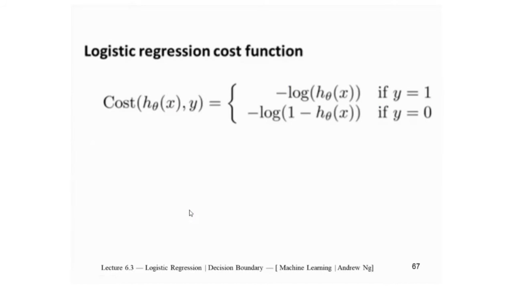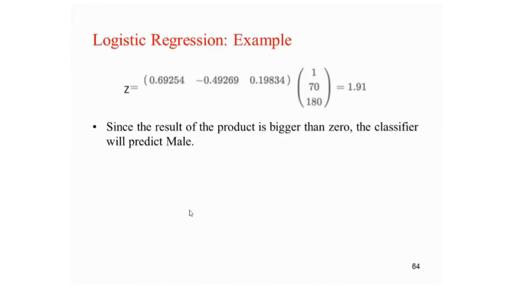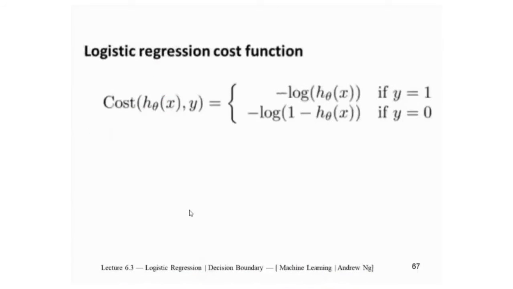So how will you design the cost function? Based on the hypothesis and the training data set, in which we have the class label, we will get this cost function for the logistic regression.